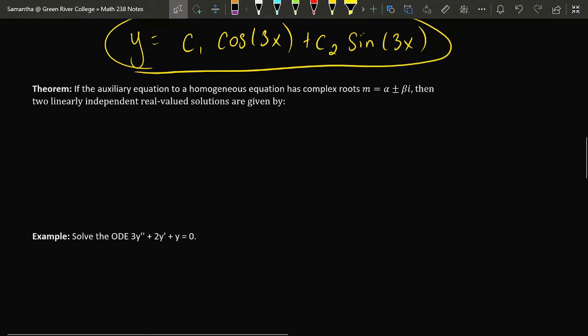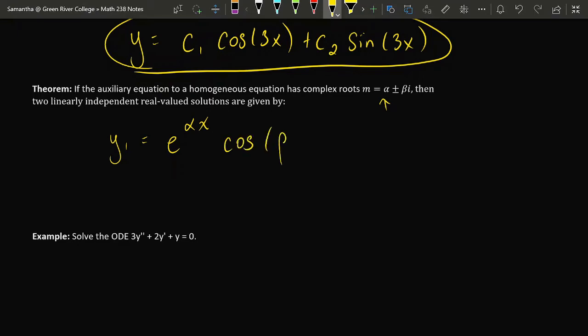In that case, your two linearly independent real valued solutions are given by y1 equals e to the alpha x, alpha being the real part of your complex root, times cosine beta x, beta being the part attached to the i. And the second linear solution is the same except with sine beta x.